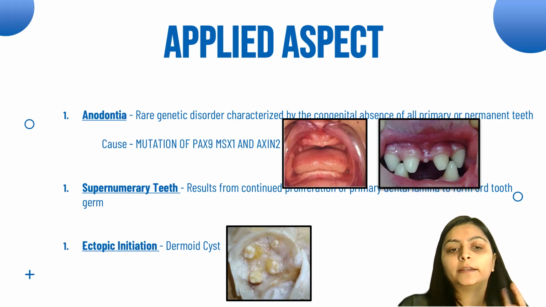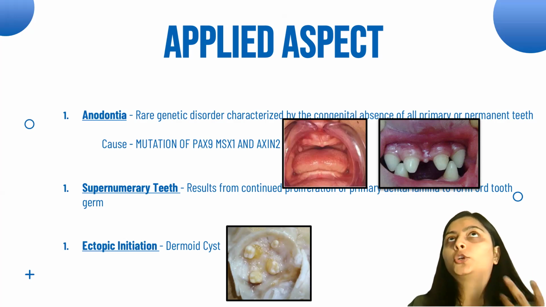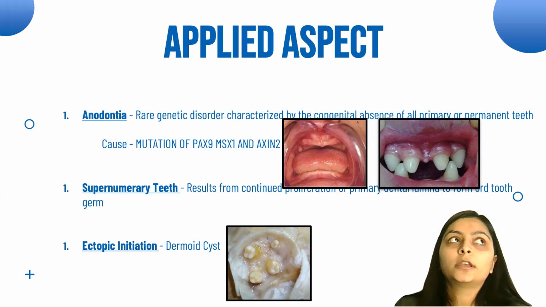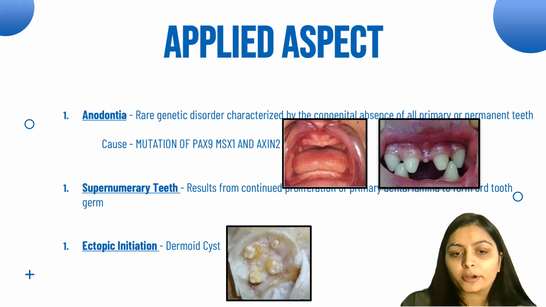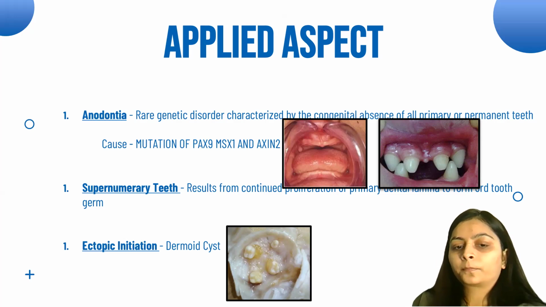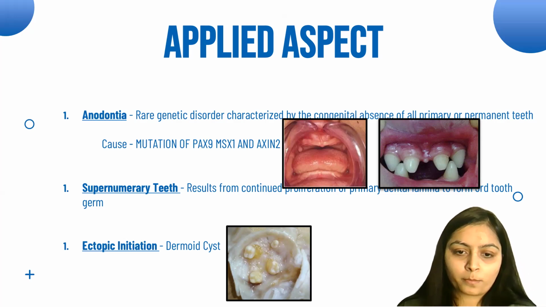Ectopic initiation is the initiation of tooth-like structure formation in another part of the body. An example of that can be a dermoid cyst, as we can see in this picture.